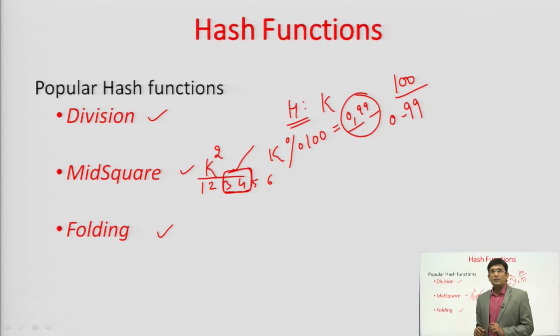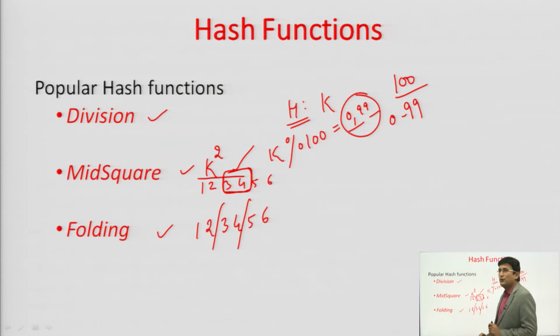The folding method suggests that, let us say, you have a key like 1 2 3 4 5 6 and you have to find an address of 2 digits. You divide this number into groups of 2 and sum them: 12 plus 34 plus 56.